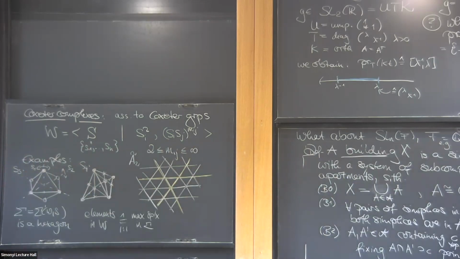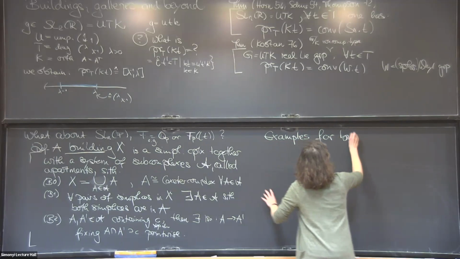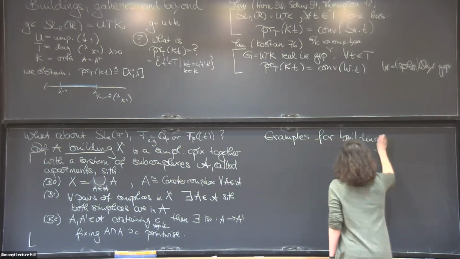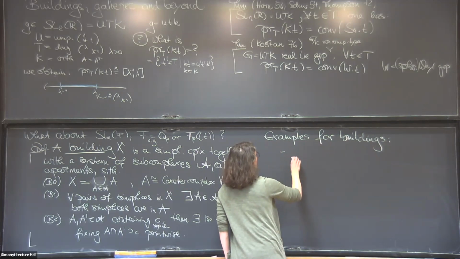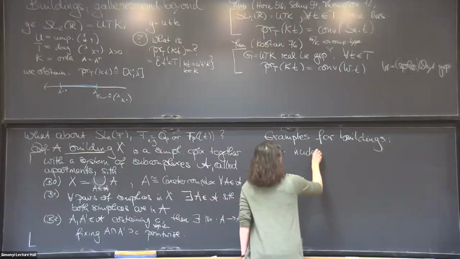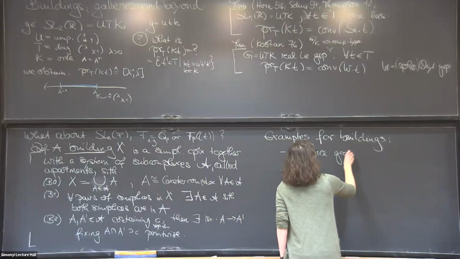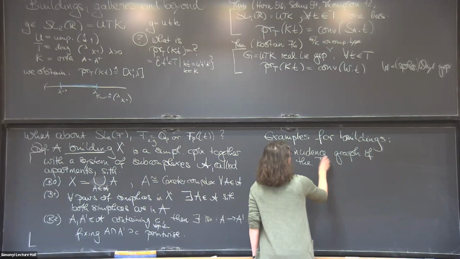Examples for buildings. The first one, which I won't explain in detail, is that you can take the incidence graph of the Fano plane.